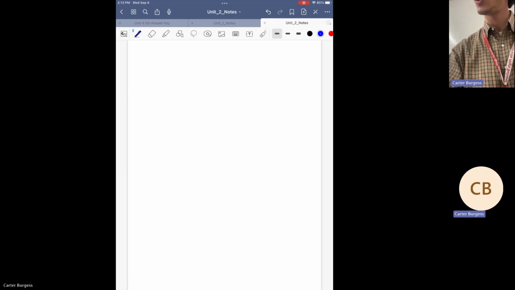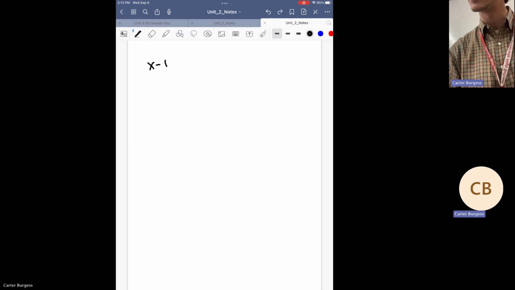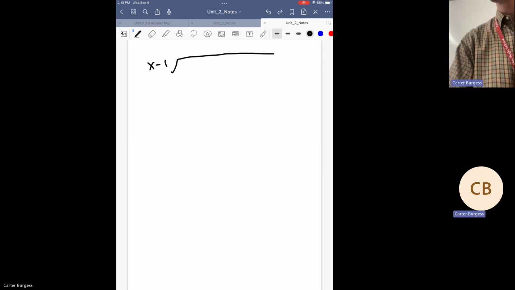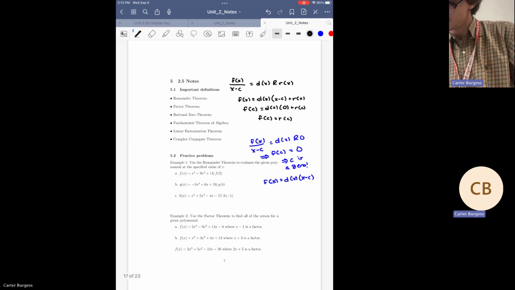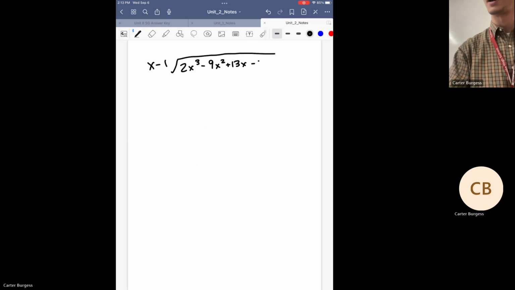Okay. So we are told that x minus 1 is a factor or divides evenly into our cubic polynomial 2x cubed minus 9x squared plus 13x minus 6.